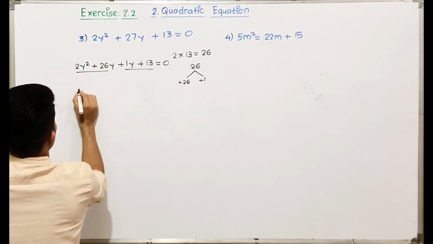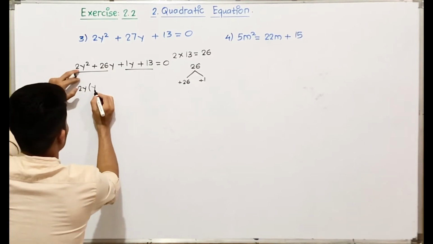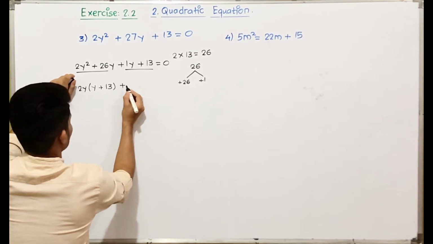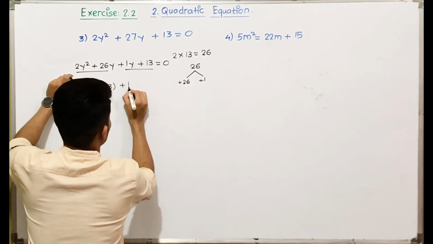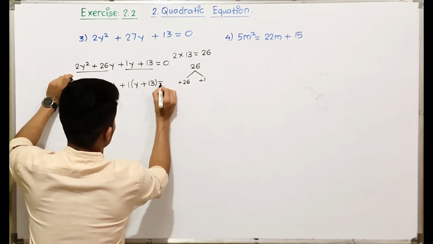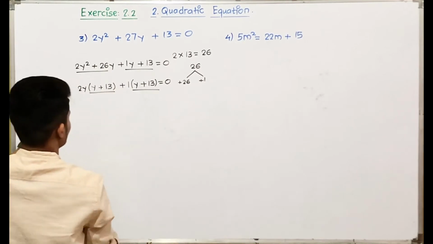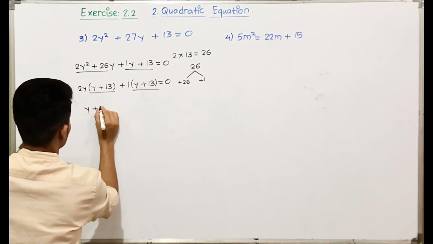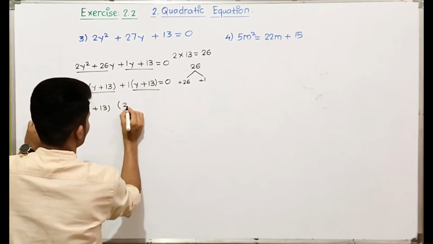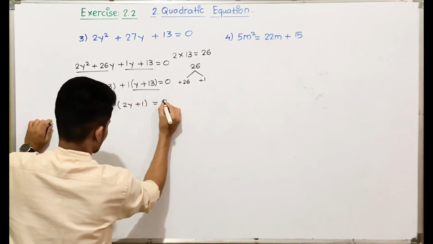So here 2y is common, remaining is y plus 13. Similarly, plus 1 common, y plus 13 is equal to 0. So y plus 13 is common, and the remaining is 2y plus 1 is equal to 0.